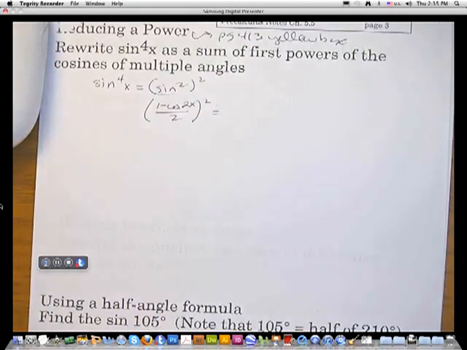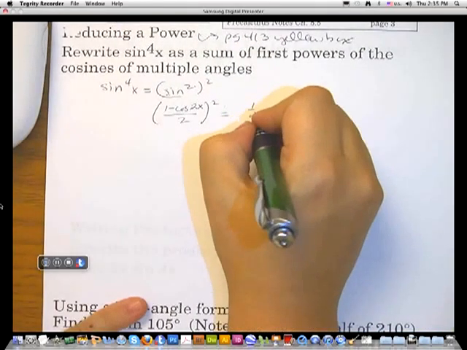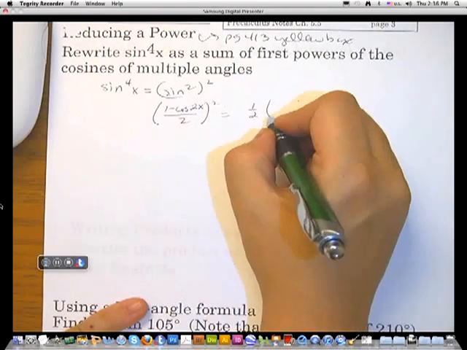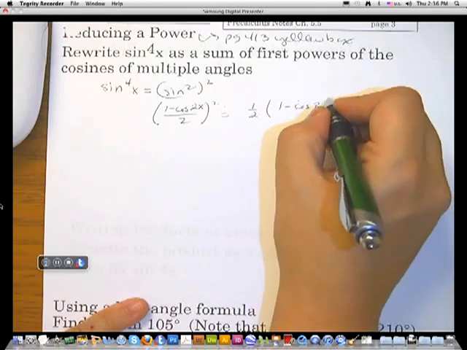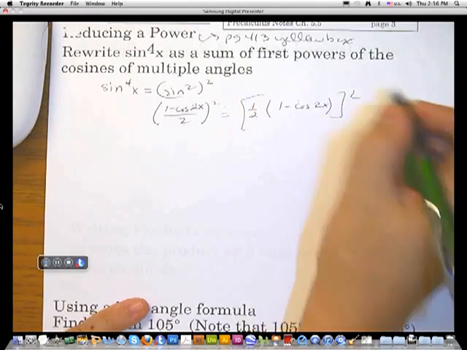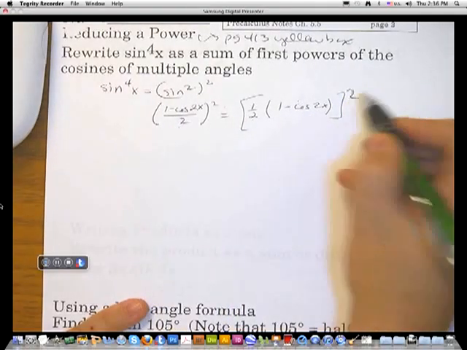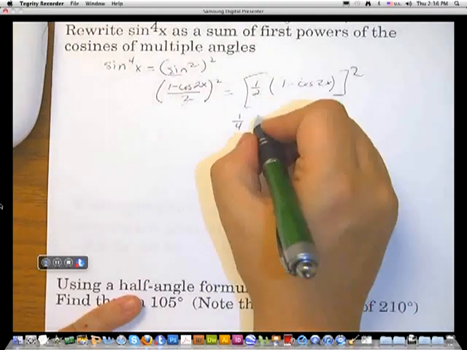And this one's actually really kind of long here, so hopefully we can go through it. So we get 1/2. I'm taking this 2 out here, and then I have the 1 minus cosine 2x squared. So all I did was I pulled the 1/2 out, so I had a linear term here. I'm going to square the 1/2, so it's 1/4.